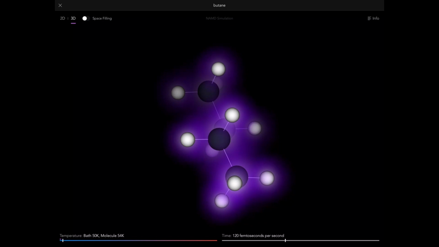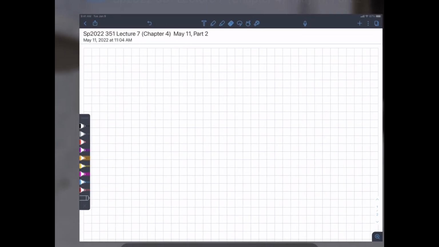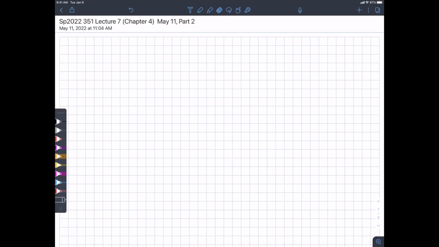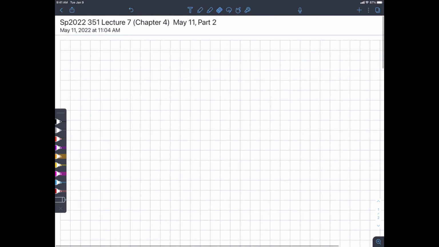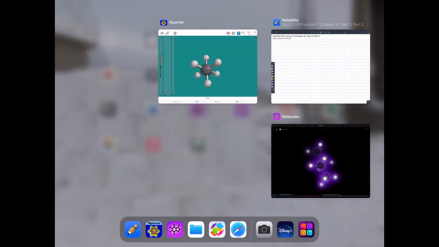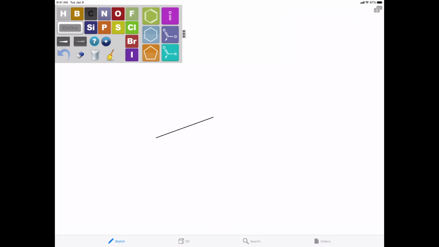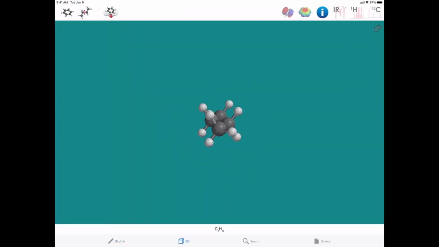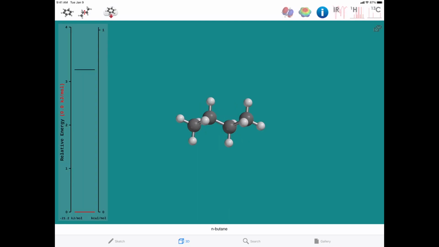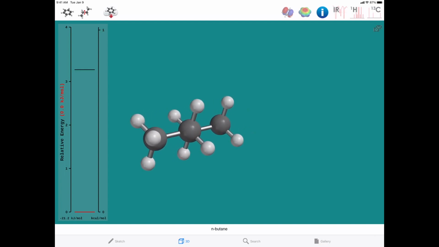So we're going to talk about this in the same way that we did previously, using Newman projections. The other thing we can do is come over here to Spartan, because it will allow us to do conformation analysis for butane. All right, here is that anti-conformation.